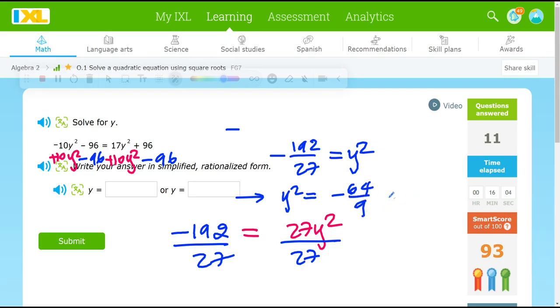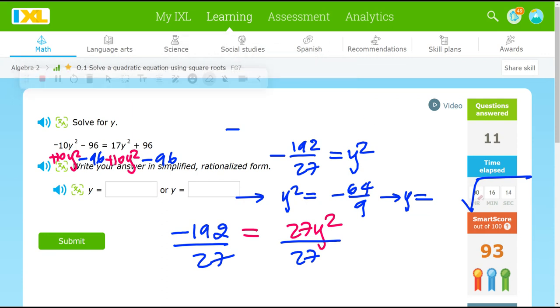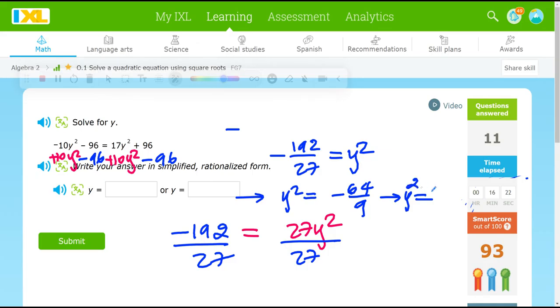Okay, so now you want to solve for the y. Hold on, we need to make the negative sign become i squared first. So let's take a look here. y squared equals 64 over 9 and then i squared. Now we're ready to take the square root.